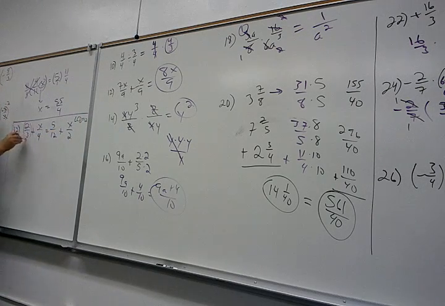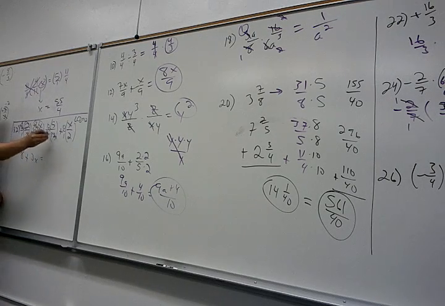So if you multiply each piece by 12, you can put it over 1 if you want to. What happens? Here, what happens? 3 goes into 12. 4 times 2? 8 plus. 4 goes into 12. 3 times x? 3x.